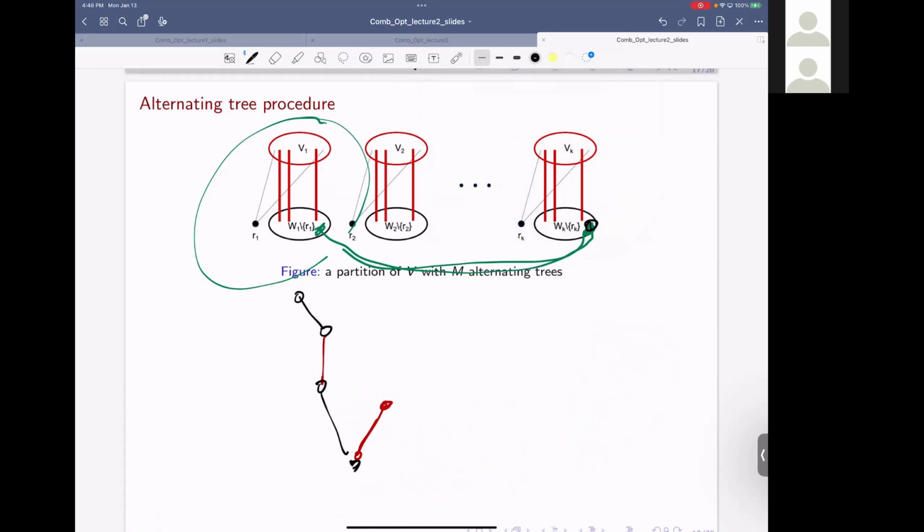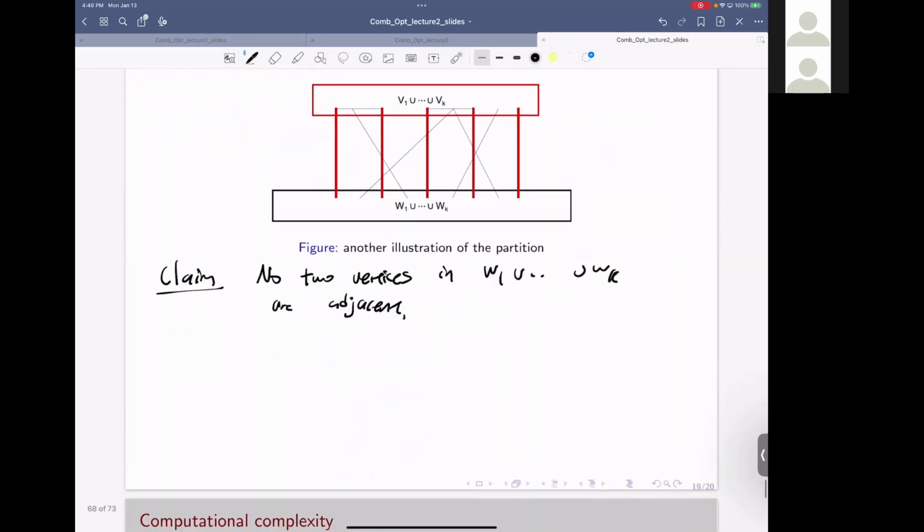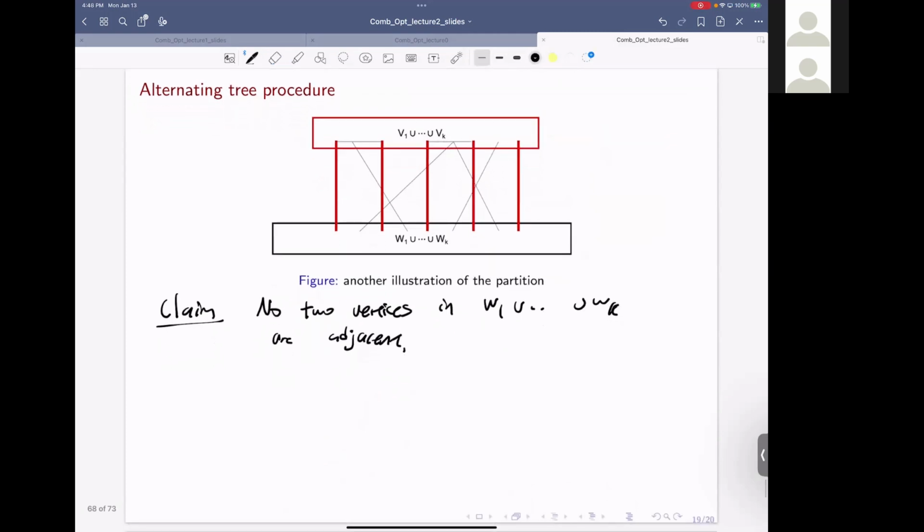So this green edge is not possible. So this proves the claim that if you have an edge, it should touch a top vertex right here. You cannot have an edge that's fully contained at the bottom. One end has to be touching the top vertex. You can also have an edge that's fully contained at the top, but no edge that's fully contained at the bottom.